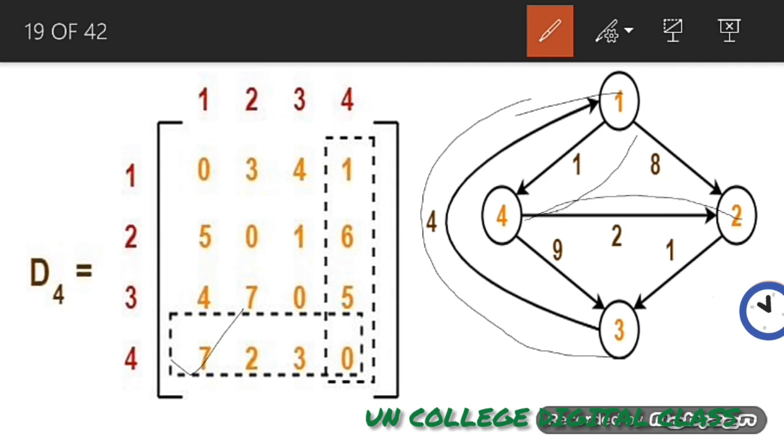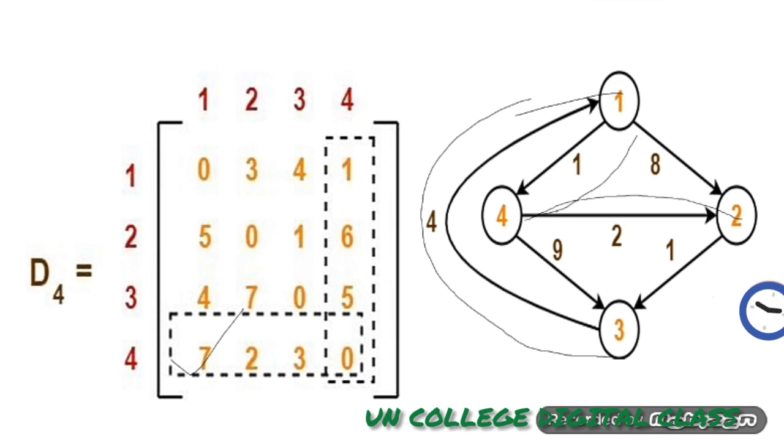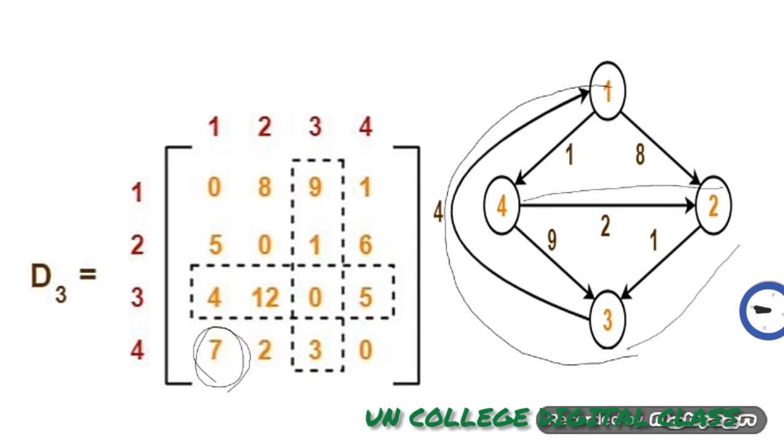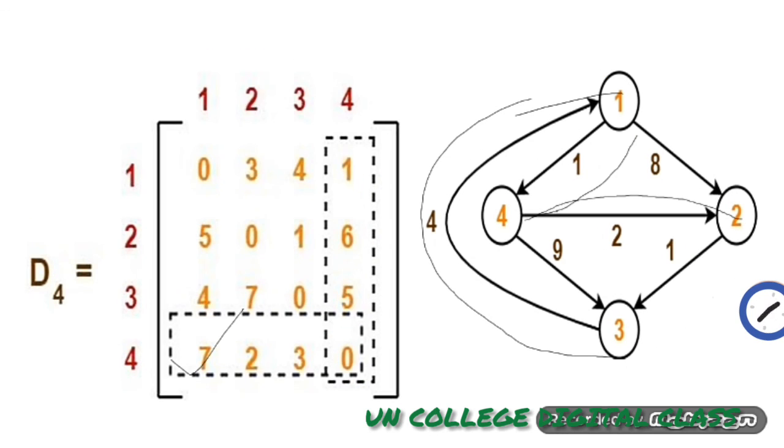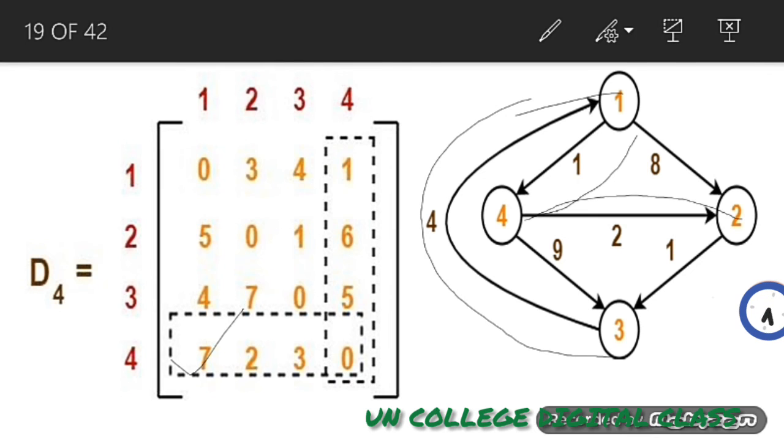Then the last row: initially the values are 7, 2, 3, 0, and here the values are 7, 2, 3, 0. It is the final matrix which contains all the minimum weights.